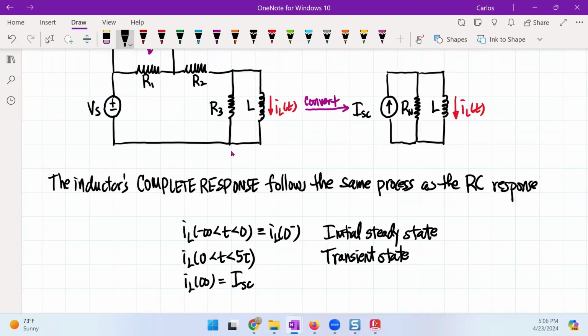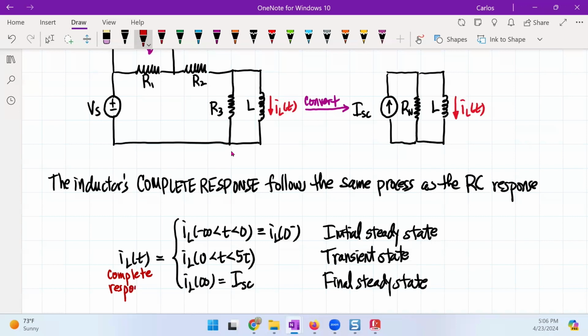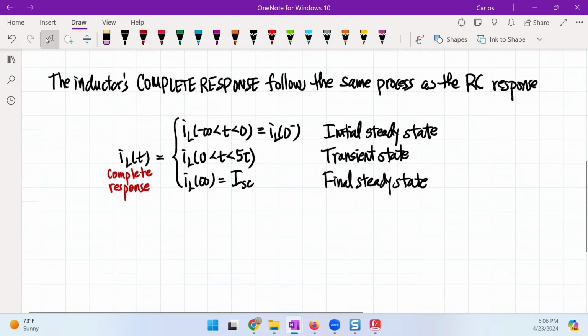You can just see here, as the inductor becomes a short, it shorts out the resistor, so the I short circuit must be the same as the inductor current. This is what we call the complete response. By the way, I should have put here that this is the final steady state. And once again, this is the complete response of the inductor. We can clearly see that there are 3 stages.